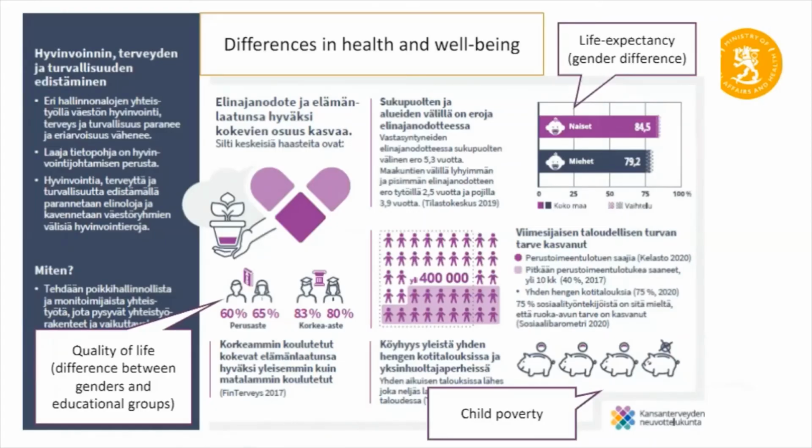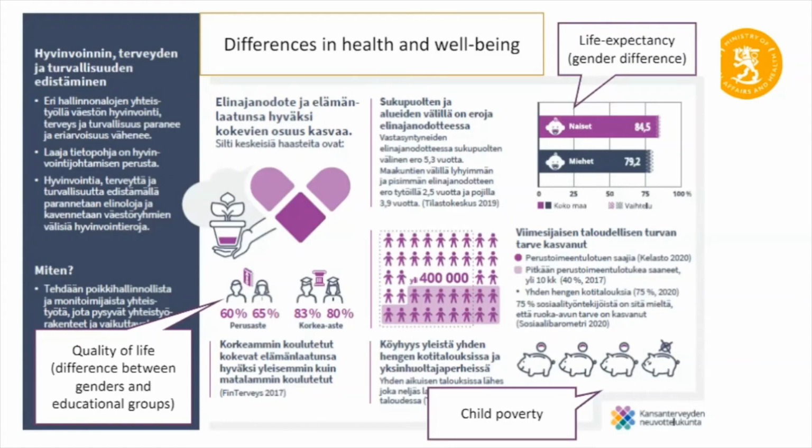And this is about equity, and the same thing. I tried to translate some tips for you. So this is about differences between different population groups in health and well-being, and this is also a very challenging issue to explain because there are a lot of different kinds of differences and it's very difficult to explain what the main problem is.